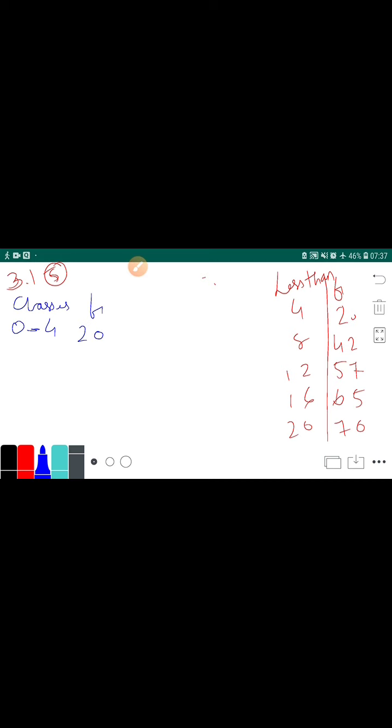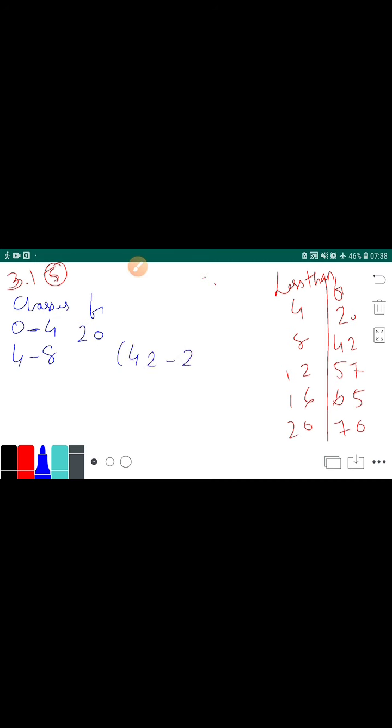Another class I'll make is 4 to 8. Now what does this 4 to 8 mean, sir? This 4 to 8 has frequency 42 minus 20, so we will put 22 here.